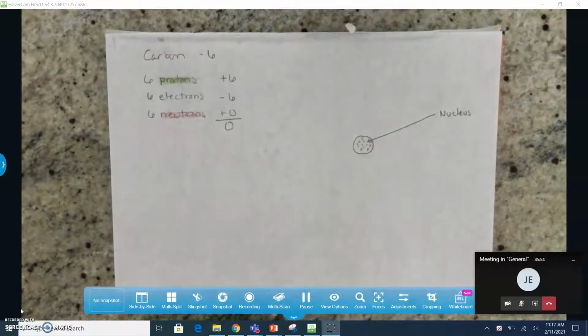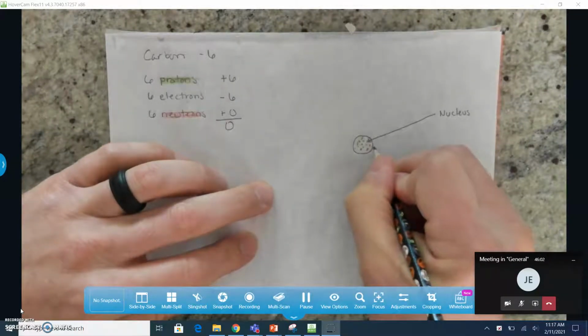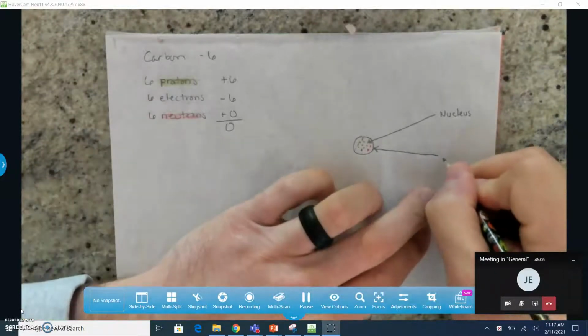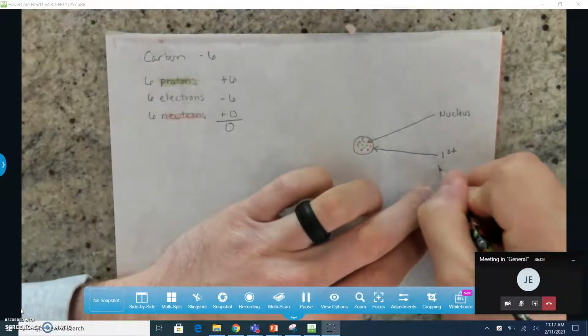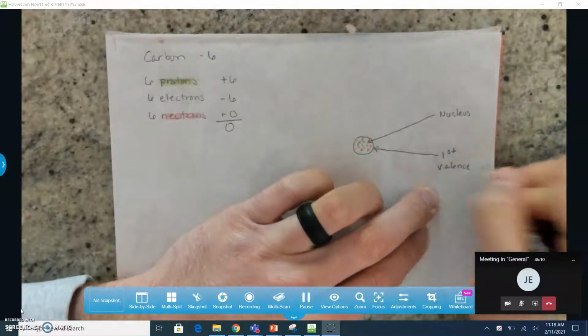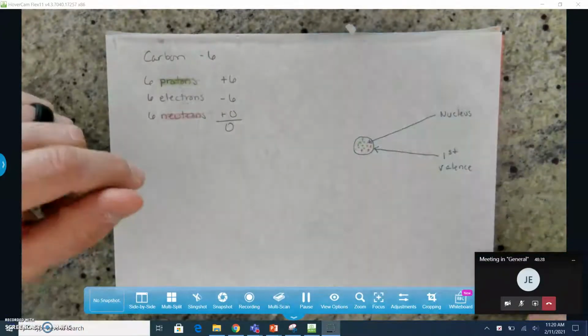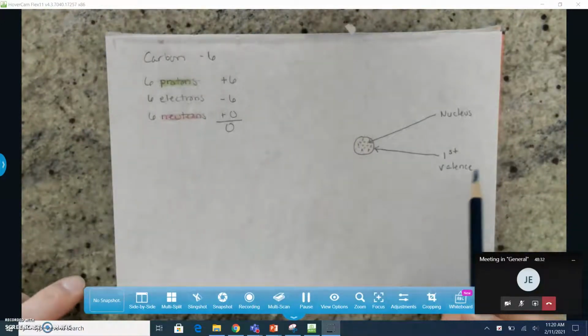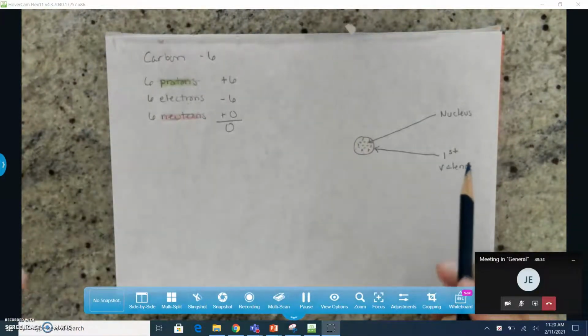However, valence shells, kind of like a cup, can get filled up. So this first ring will be the first valence shell. It can only hold 2 electrons. At 2 electrons, it fills up.